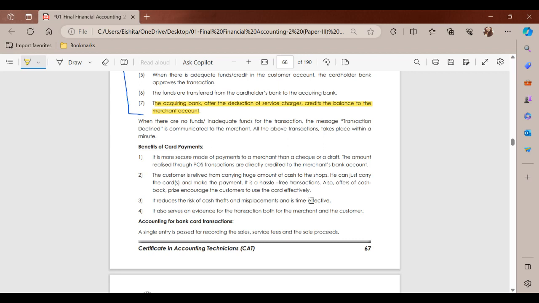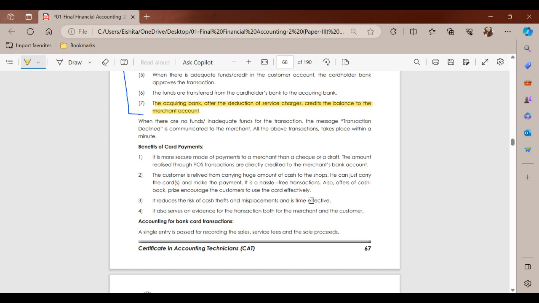Customer has quite a few risks. One of the risks is cash theft. Customer is prone to the cash theft risk because he carries huge cash. But once he moves to credit card or debit card transactions, he is relieved of that risk.